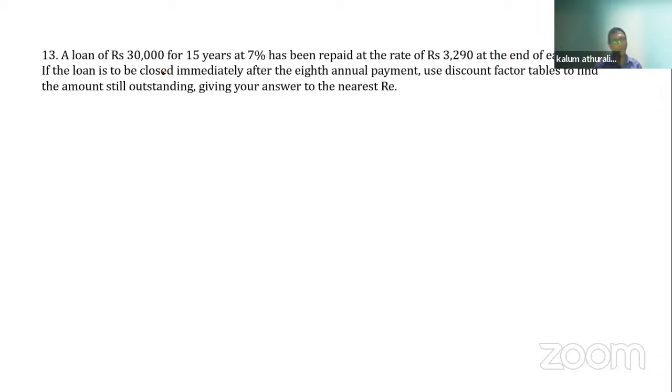The loan is to be closed immediately after the 8th annual payment. The loan has to be settled immediately after the 8th payment is made. Use the discount factor table to find the amount still outstanding. Give your answer to the nearest rupee.